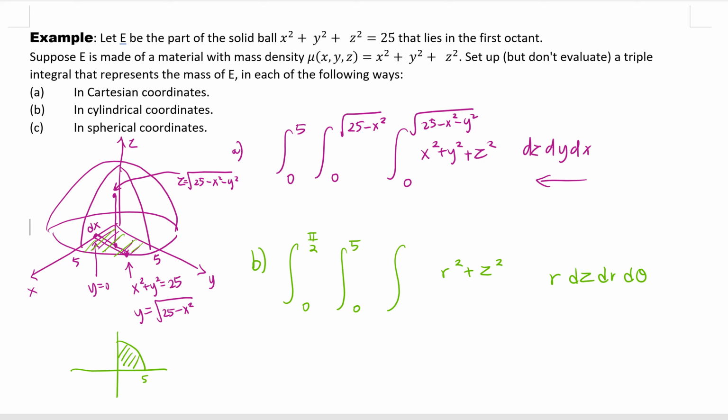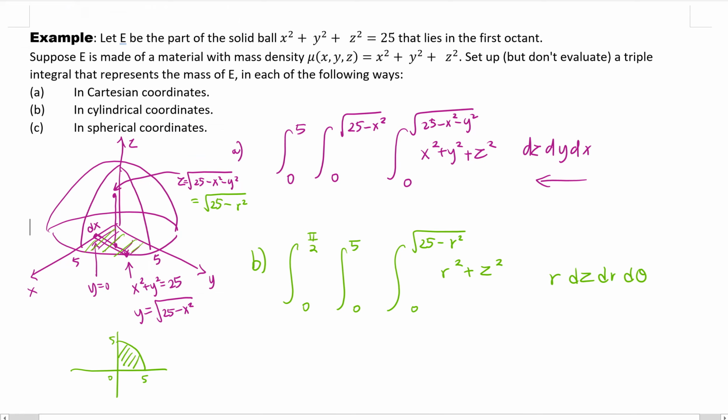Now z is 0 at the bottom of this region, and the upper z is on the sphere. Let's express z in terms of r: since x squared plus y squared is r squared, z is the square root of 25 minus r squared. So far so good, everybody? Let's continue.